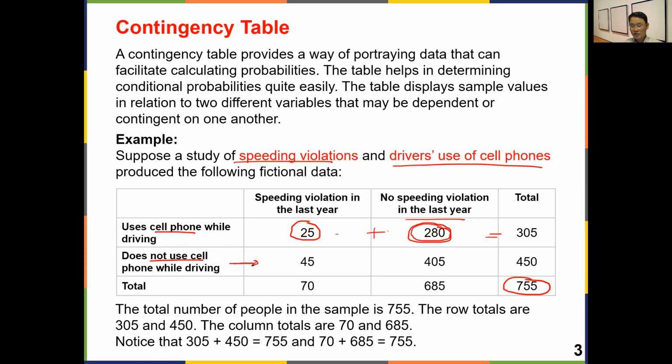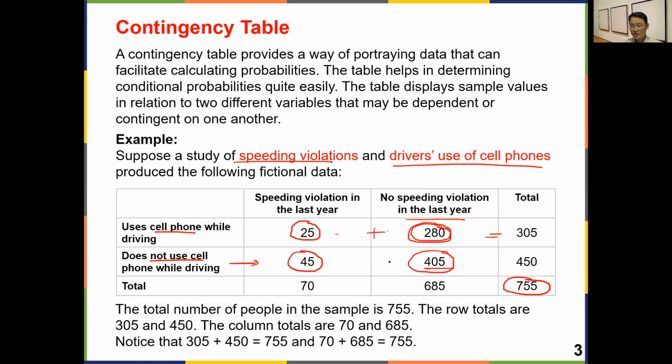Amongst those who did not use cell phone while driving, yet they got speed violation last year, was 45. Then the majority of them did this number, 405. These people didn't use cell phone while they're driving and didn't have any speed violation last year, right? That's what this number is for.